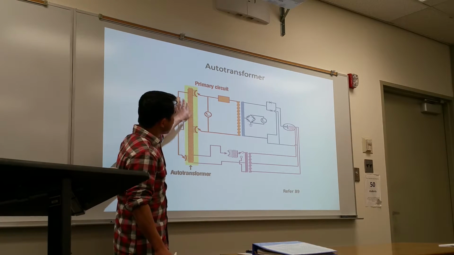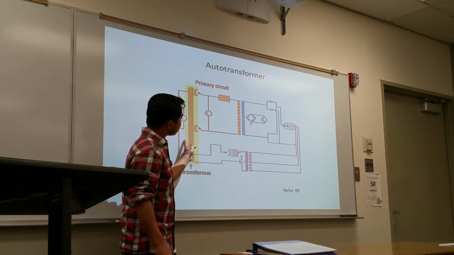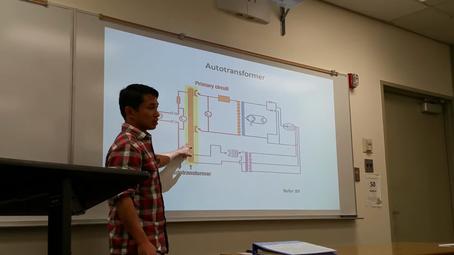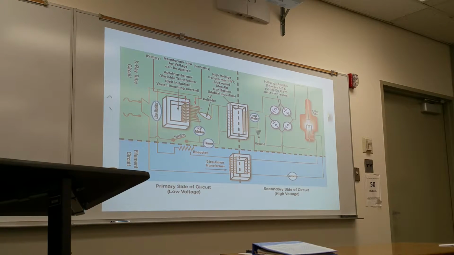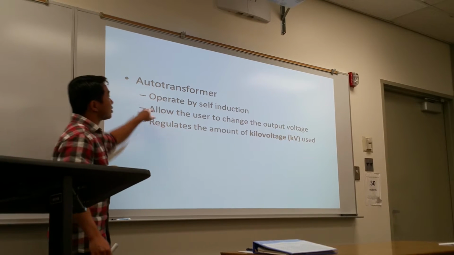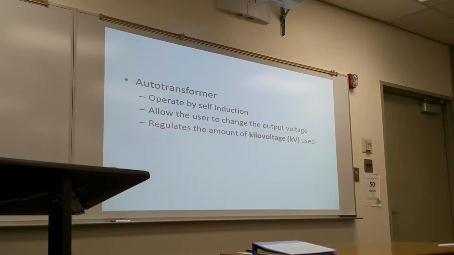Kind of different diagram, but the concept is the same. It begins with the R transformer, which allows technologists to make technique selections. R transformers operate on the principle of self-induction, meaning it only has one coil of wire that acts as both the primary and secondary.